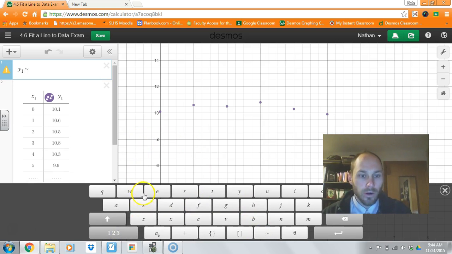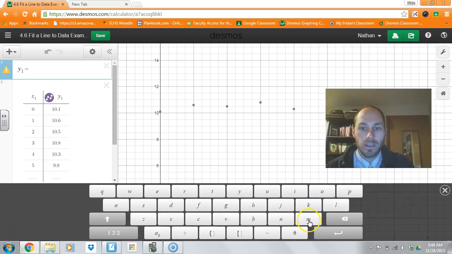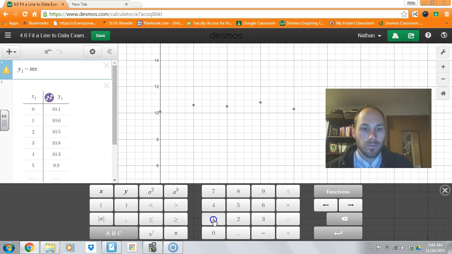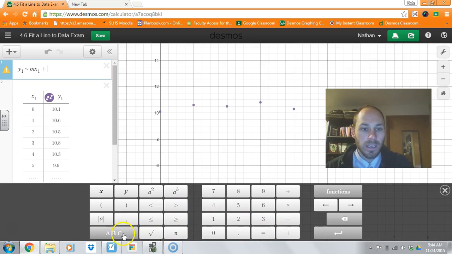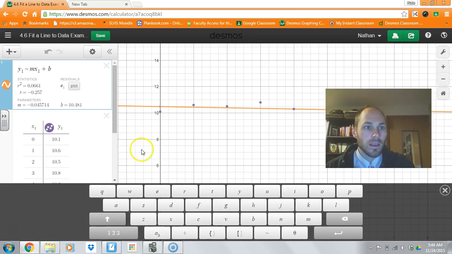That shows that we're using a regression equation. And then just like our slope-intercept form, mx plus b, so mx sub 1, and then I hit over again, so I'm out of the sub, and then I hit plus b. And that will automatically create our regression line.